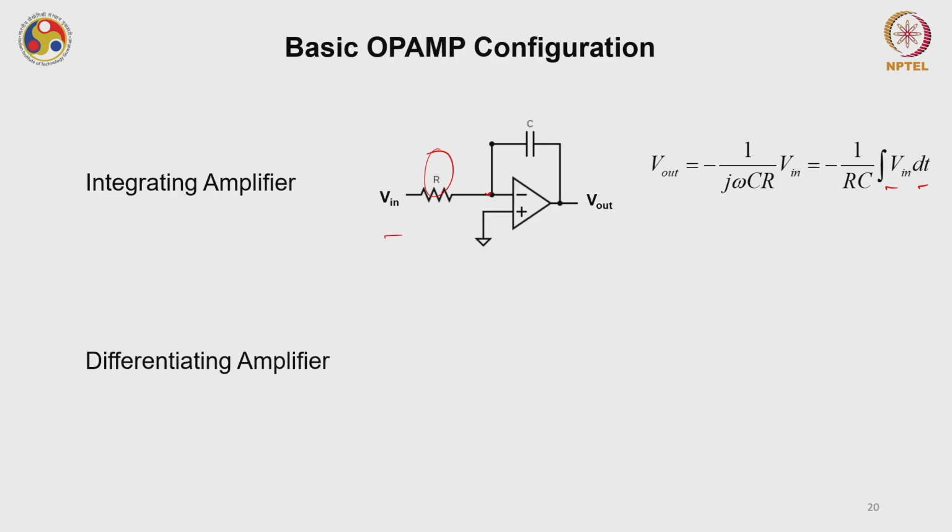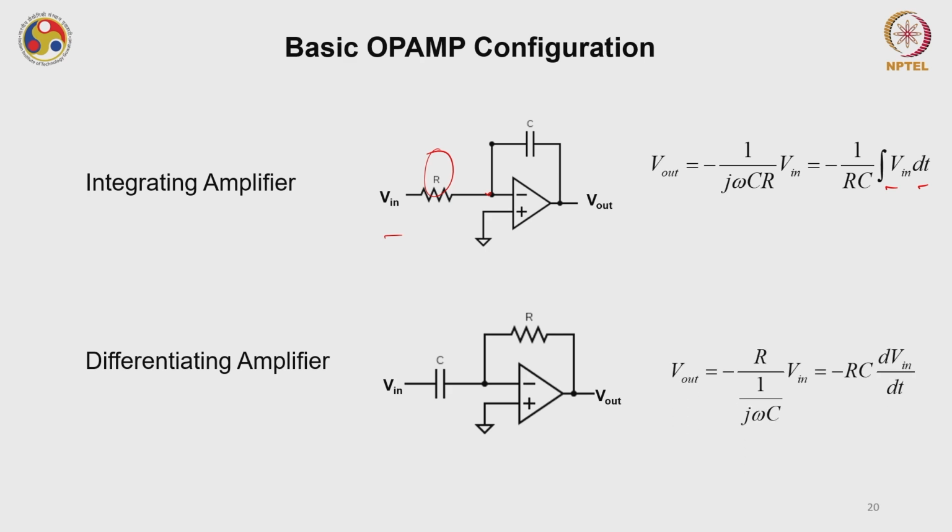Now if you just replace this capacitance by resistance and resistance by capacitance, you can actually make a differentiating amplifier, okay. So the output of such kind of configuration is equal to minus RC into dV in by dt, where V in is the input voltage applied at this end, okay.